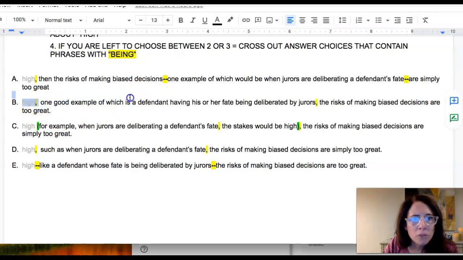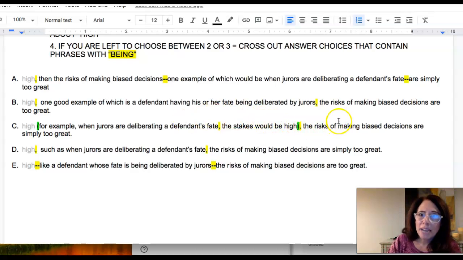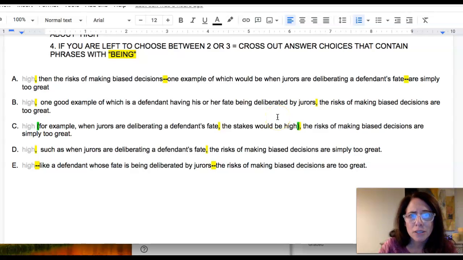One good example of which is a defendant having his or her fate being deliberated by jurors. The risks of making biased decisions are too great. It sounds weird, and for that reason alone, I want to cross it out. But I'm giving you a reason to cross it out.